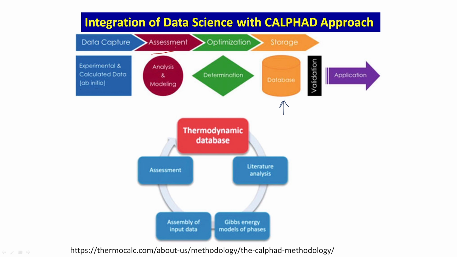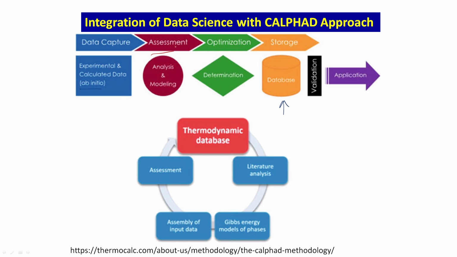Finally, we store the data in data files, which can further be validated using experimental data. Finally, it will be applied for various kinds of uses. So, there are 5 steps: data capture, assessment, optimization, storage and validation, and this finally generates a thermodynamic database, which will be widely used for various kinds of applications.